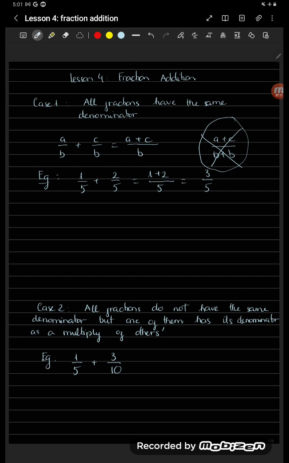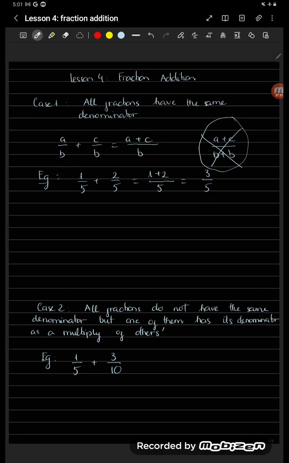We don't have 5 plus 5. No, a big no. The result is 1 plus 2 is 3 for the top part, and the bottom part is just 5. So 3 over 5.